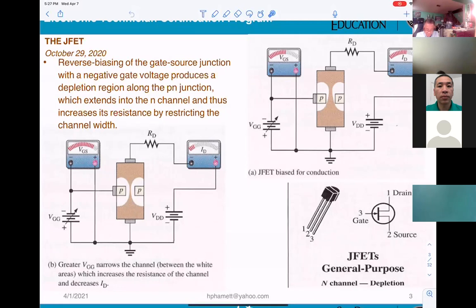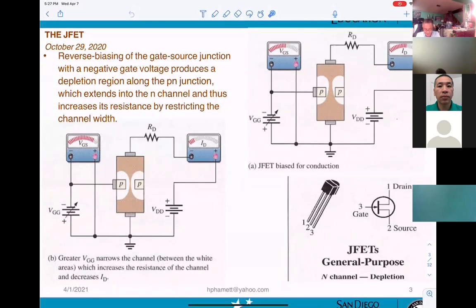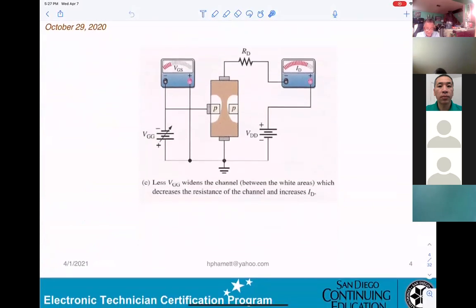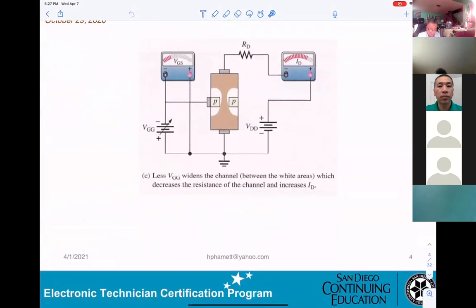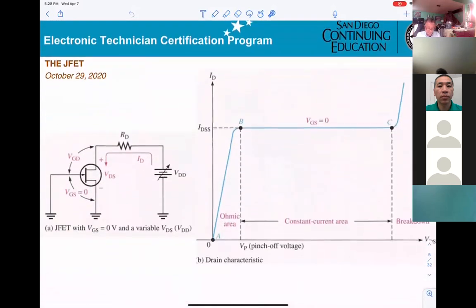Okay, more negative voltage, less current ID. Now you can see on that one, with less negative VGS, the current will be more. The channel will be much wider. Okay, got it, thank you. So that's how the current is flowing.